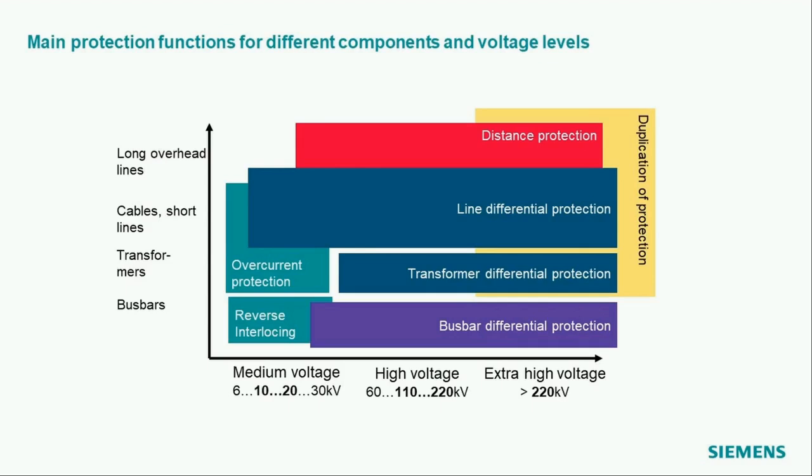So let's start from the top, from the long overhead lines. You won't normally find them in medium voltage, so you find them in high and extra high voltage application. And in this area, the distance protection is in many cases the main application. You can say nearly on all high or extra high voltage overhead lines in the world you find a distance relay.